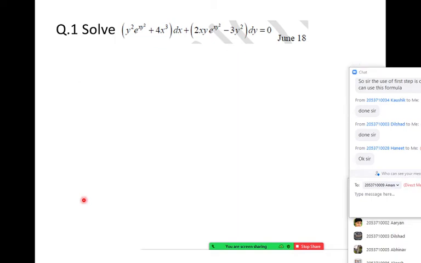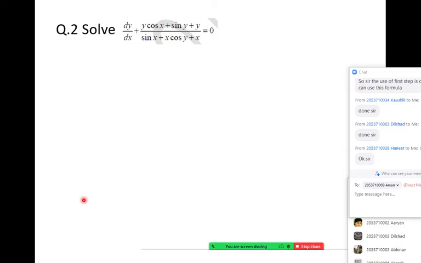Okay, next question I will show you. So do this question. The first thing that you should observe is that here only the dy by dx term appeared. So that is a first order, first degree differential equation. Whenever it is a first order, first degree differential equation, it's easy.